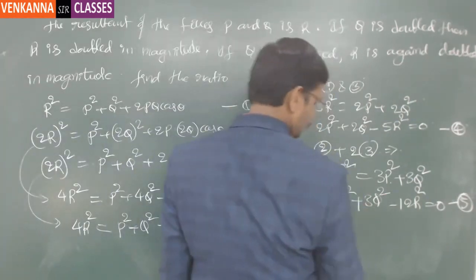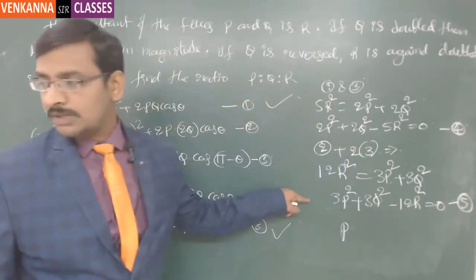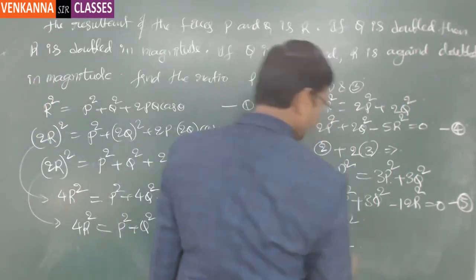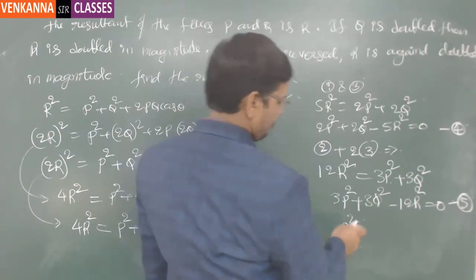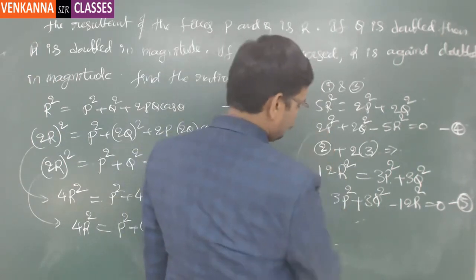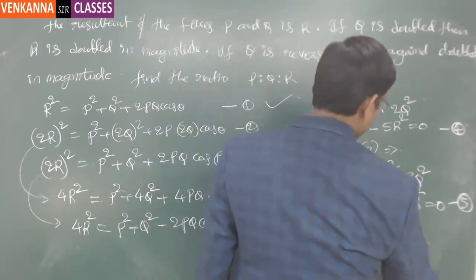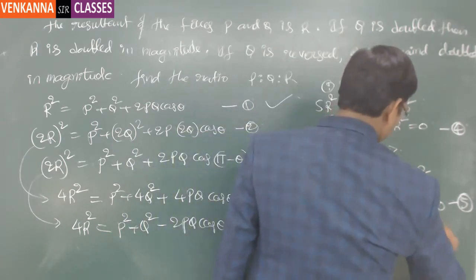If you want to solve 3 different variables but have only 2 equations, then you can apply the standard method. So I'll write equation 4 here first: 2p square plus 2q square minus 5r square equal to 0.